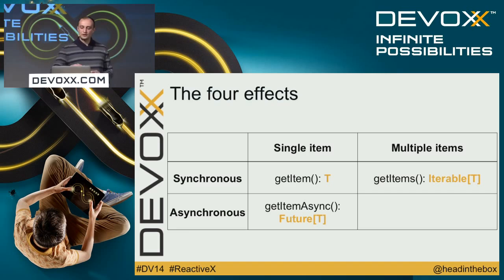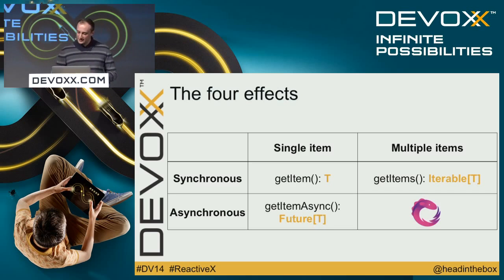We don't block. We receive the future immediately, and once the result of the computation, the value of T, becomes available, then we react upon it. Then we do something. So we will look into that a bit more. But what do we do for multiple items in an asynchronous manner? That's really where Rx steps in.